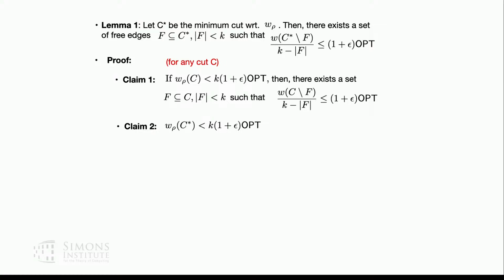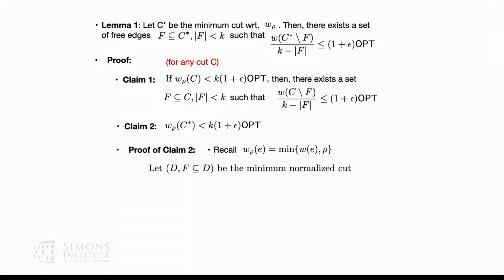The first claim is that if you can find a cut whose weight is smaller than (1 plus epsilon) times opt, then you can find the set that we are looking for. And the second claim is that the min cut with respect to that weight satisfies that bound. So it's divided in two steps.